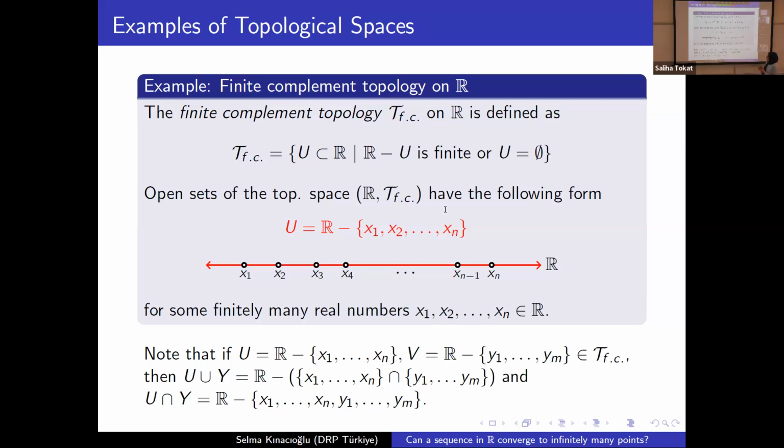At the same time, when I combine these 2 sets, I will remove points from the real numbers, so I will find a finite complement here. I will find a finite value in this topology.